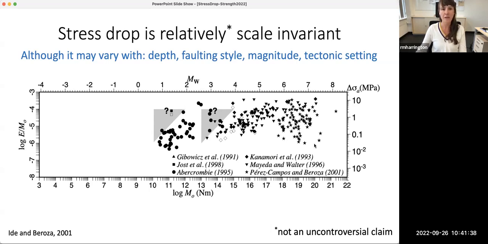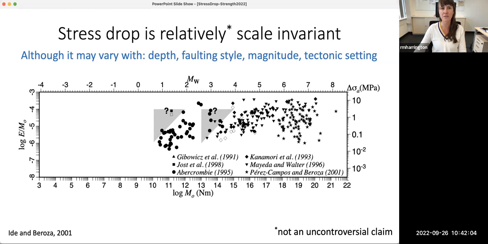But probably what everybody notices about this plot, where I have seismic moment or magnitude given on the scale bar on the top, and static stress drop here on the right-hand side, is that there's a lot of scatter within these data, and it's varying. So you can call it constant, but it's constant over 2 orders of magnitude.